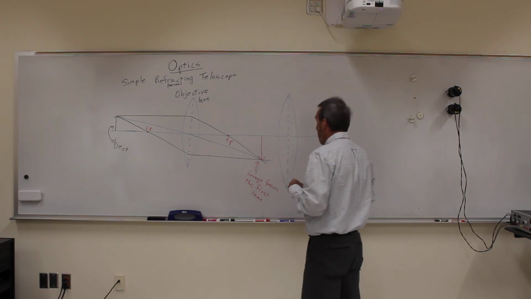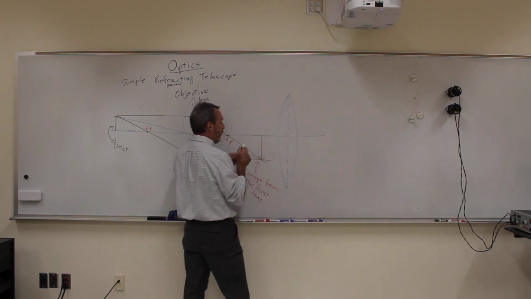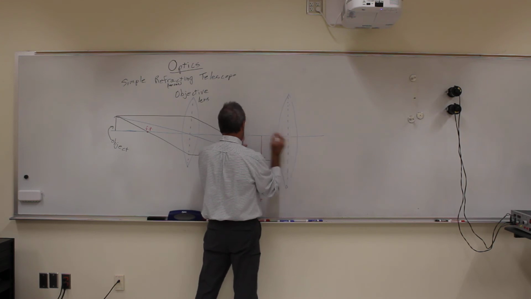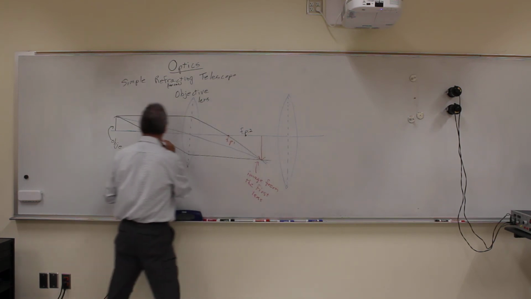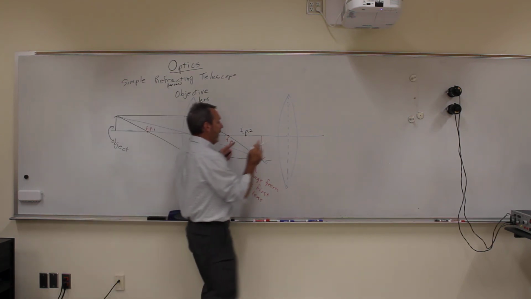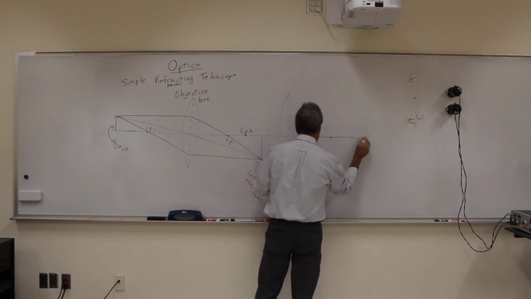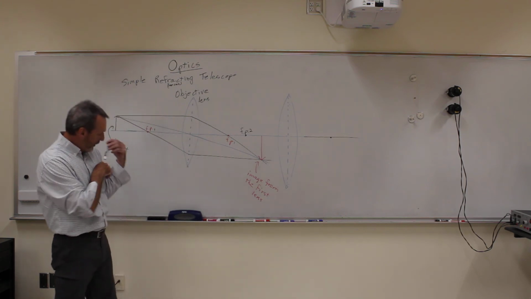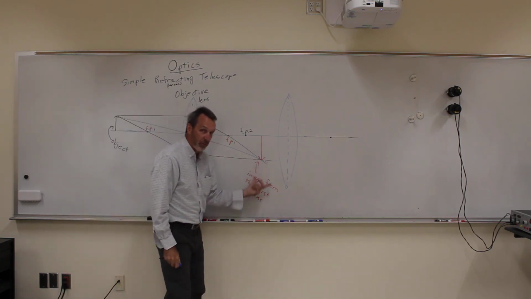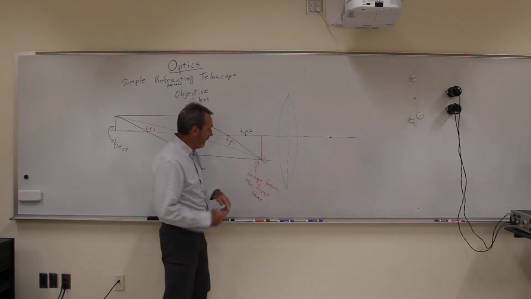So I'm going to put my focal point out here. This is the focal point of lens 2. This is lens 1, we'll call it, or the objective lens. And then I'm going to do the same thing on the opposite side. Extend my axis here. And now I'm going to take this first image, which is a real image, and figure out where the image of that is with the second one.